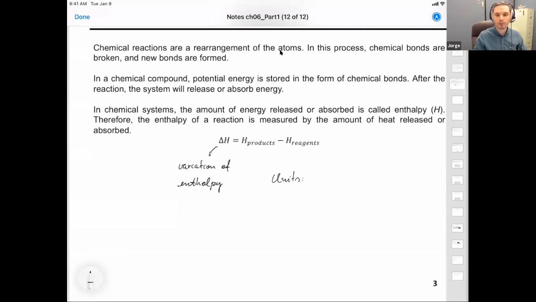But we can also use the usual unit cal, which means calories. If we need to convert from joules to cal or vice versa, 1 joule is 4.18 calories.